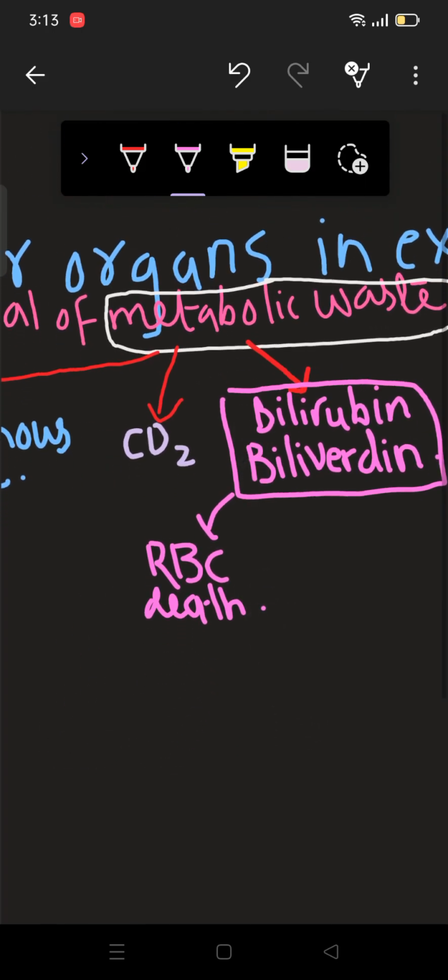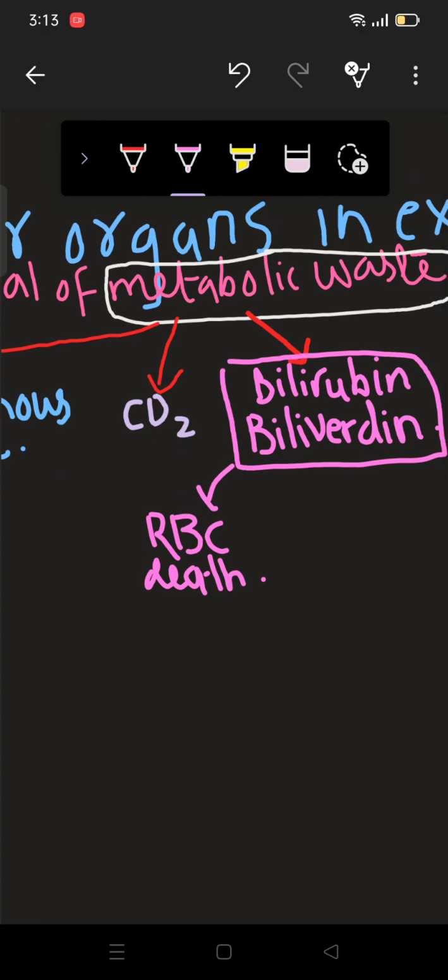Like how they are produced, as I told you in my previous lecture as well, bilirubin and biliverdin are produced when RBCs die. As the RBCs died in the spleen, hemoglobin was released.